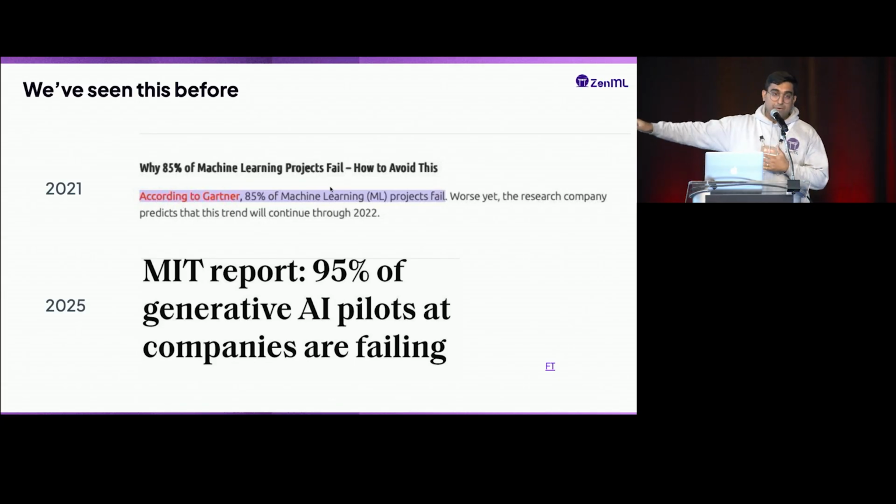And what we're seeing right now with the MIT report, that was also what we saw at the keynote today, that 95% of generative AI projects fail, I think speaks to the fact that it's just hard to get AI in production, and we're probably facing similar problems in the same direction. And that's what we try to delve into.